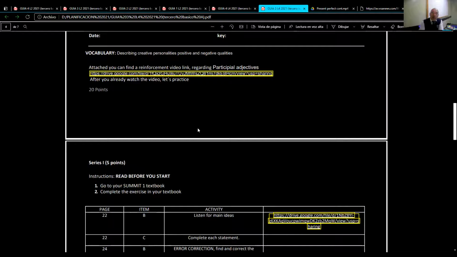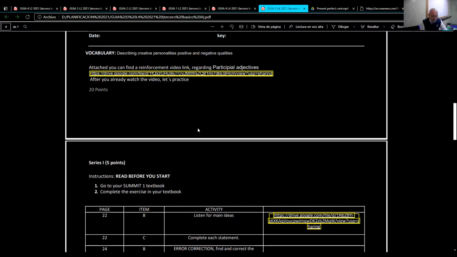So remember, always revise your notes and check your book as well. As a reference, we have already written how many pages you need to study. In our guide 1, we saw page 4 to page 6.